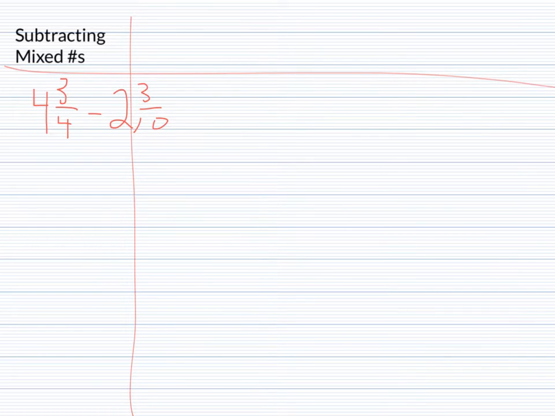Now to do this, we would do 4 times 4, right? That would give us 16 plus 3. 16 plus 3 is 19 over 4. That's the improper fraction for 4 3/4.